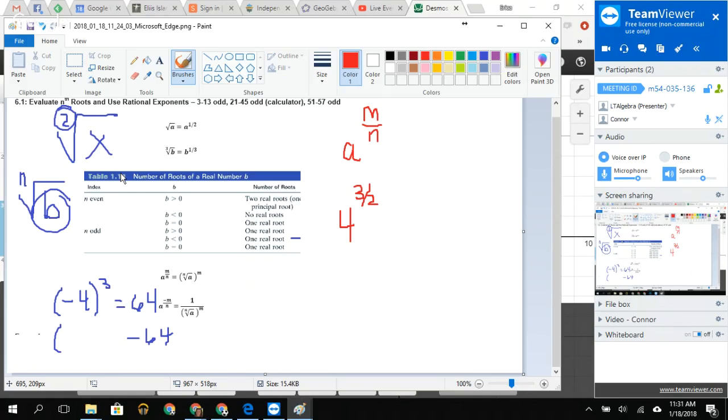So if we break this apart, and we're going to talk about the properties of exponents in a little bit, we could rewrite this as a to the m times a to the 1 over n. And when we have 1 over n, we know that this is the same as the nth root of a.